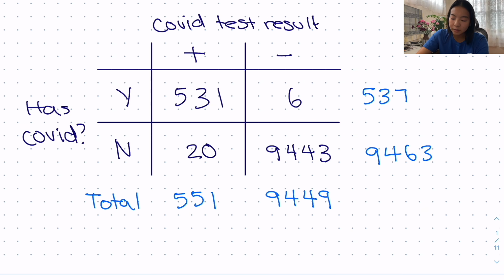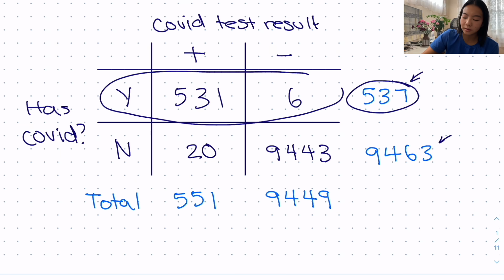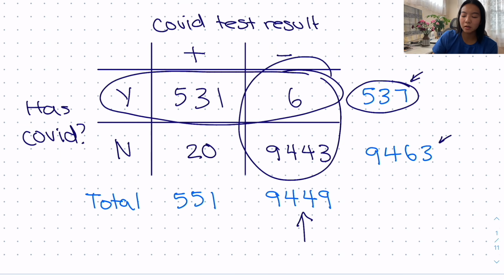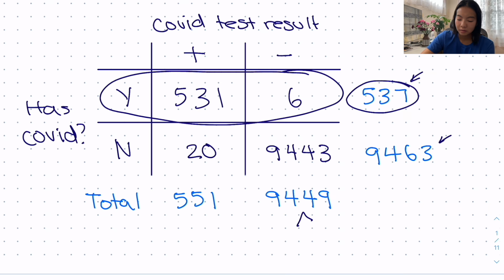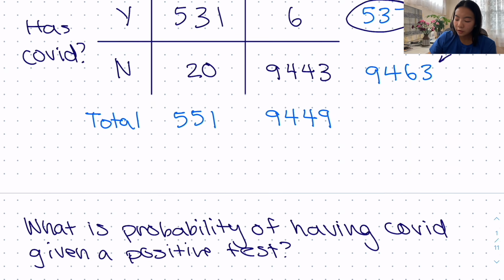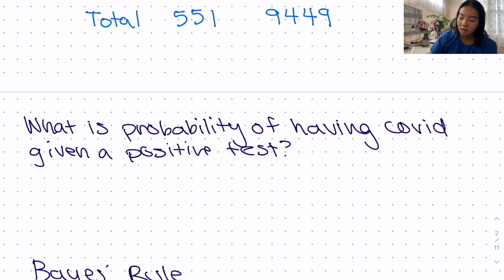And here in the margins, I've written down the sums of whatever it's referring to. So this here is the sum of this entire row, and this here might be the sum of this column over here.